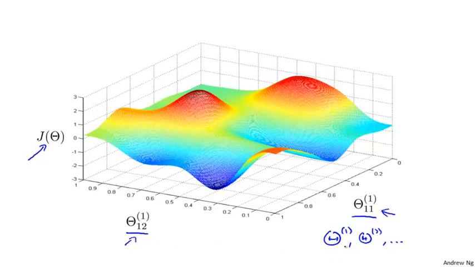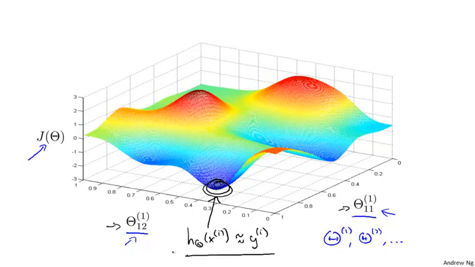Now, this cost function J of theta measures how well the neural network fits the training data. So if you take a point like this one, down here, that's a point where J of theta is pretty low, and so this corresponds to a setting of the parameters theta where, for most of the training examples, the output of my hypothesis is pretty close to y_i, and if this is true, then that's what causes my cost function to be pretty low.